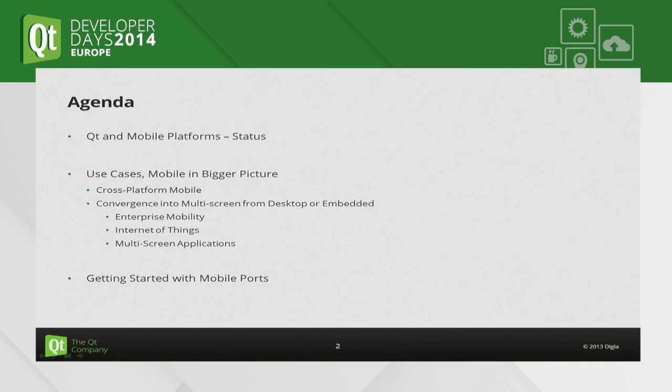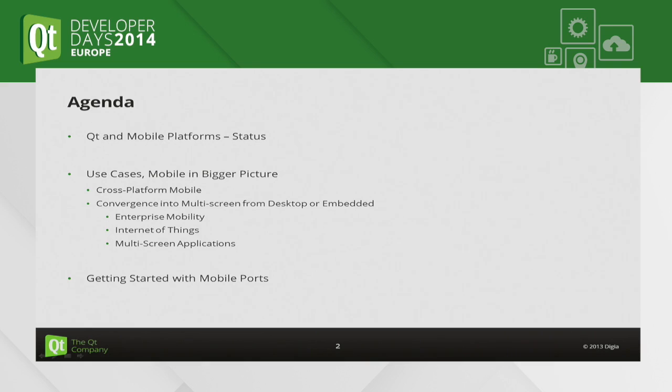So we'll be looking at the Qt developer offering from the perspective of creating cloud-connected embedded devices, and what sort of things we offer, and what sort of things you need to take more care of when you're doing embedded devices and mobile applications for them and connecting everything.